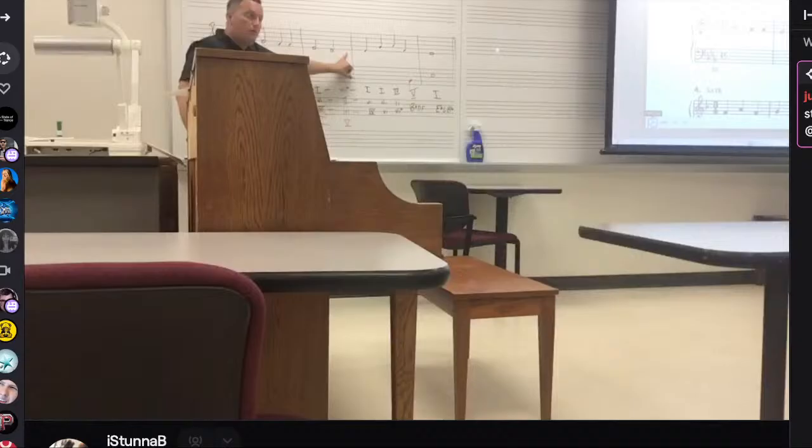Alright, so I have to change this. How can I change it? Do I want to keep it a 2 chord? If I keep it a 2 chord, what can I do to change it? Invert it. So I could make this a 2/6 instead. And that gives the bass a step up while the soprano is moving down.